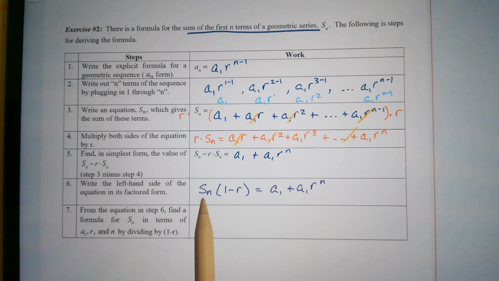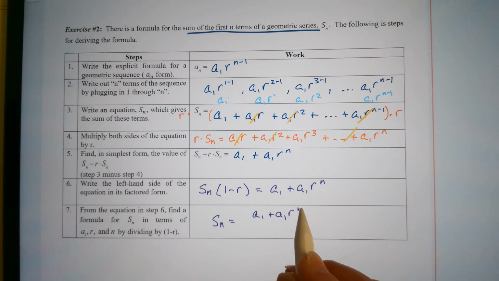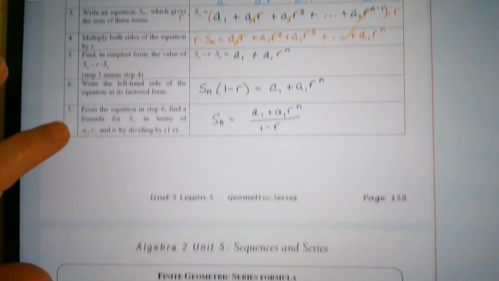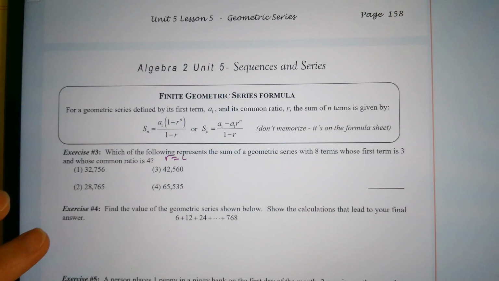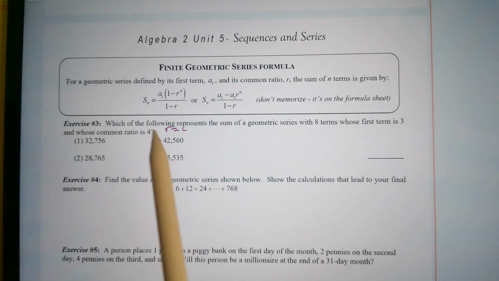So in other words, solve this for s sub n: we're just going to divide both sides by 1 minus r. And we have s sub n is equal to a sub 1 plus a sub 1 r to the n divided by 1 minus r. And that is the formula. And there it is on the top of the next page, where that came from.